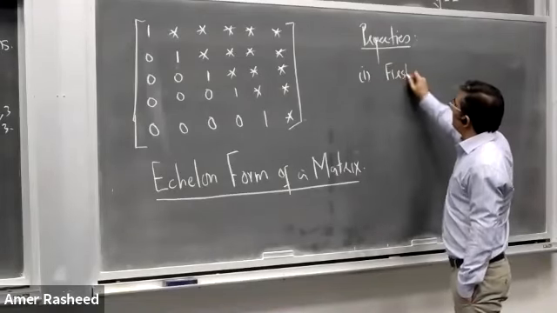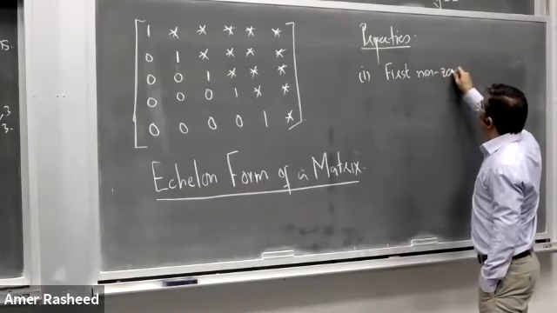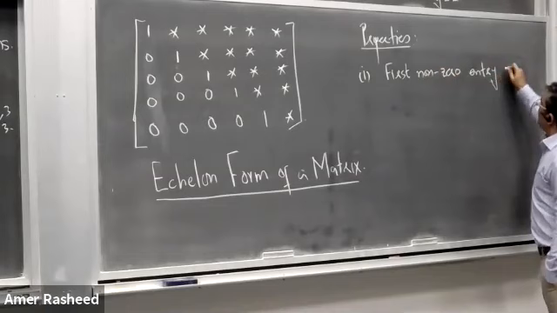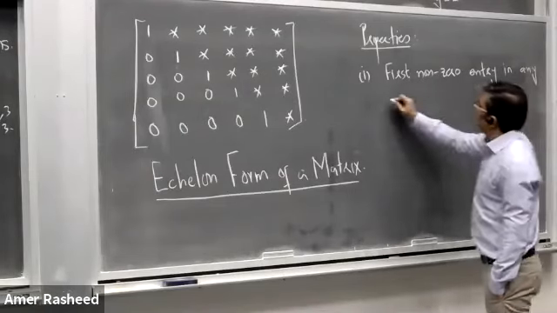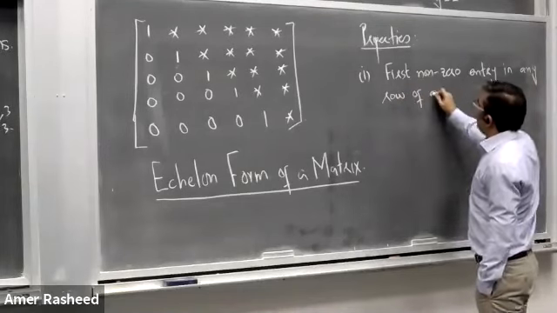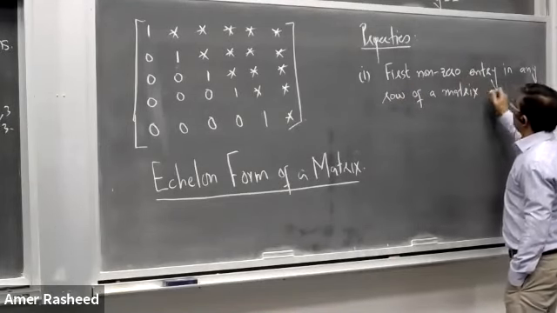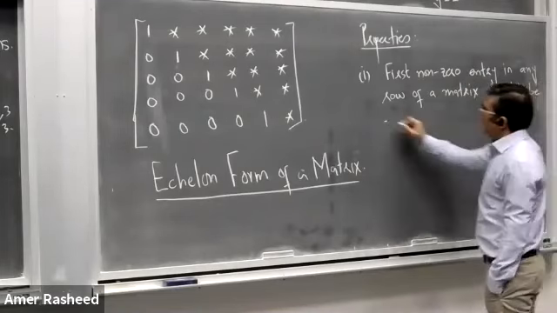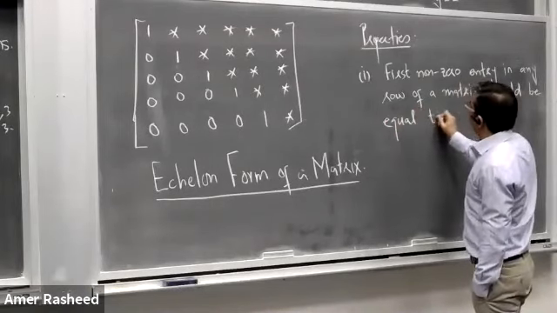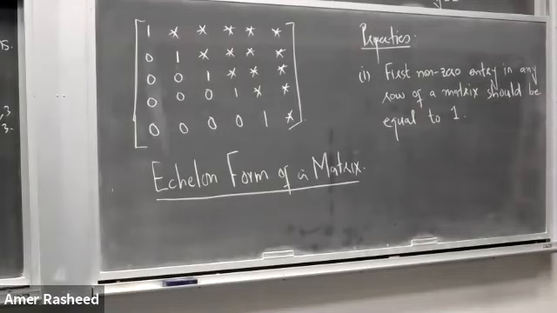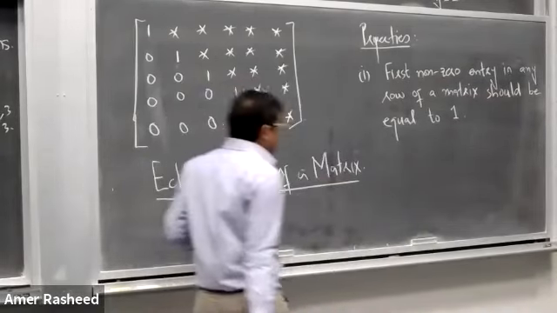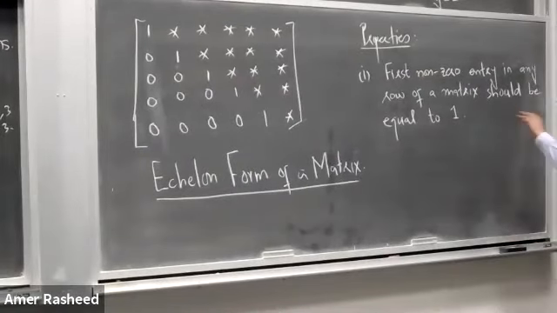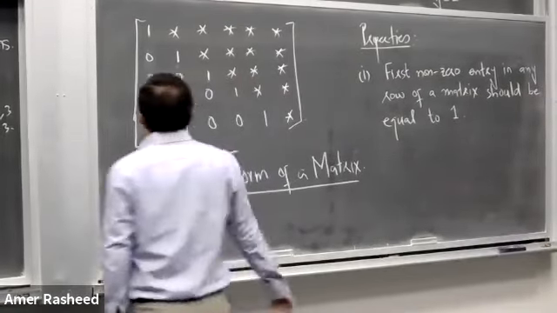First non-zero entry in any row of a matrix should be equal to 1. This is the first property of any echelon form. First non-zero entry in any row, or in each row आप कह दें, ठीक है? In any row of a matrix should be equal to 1.